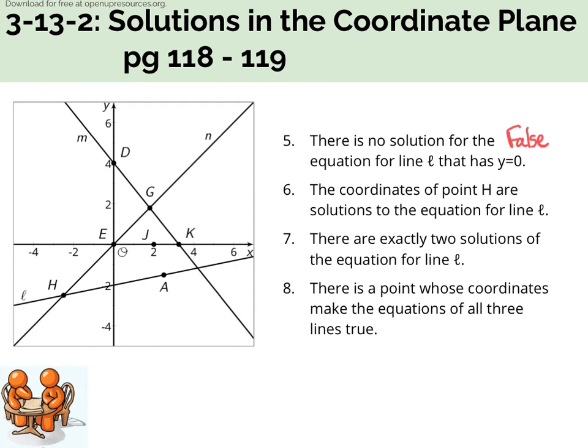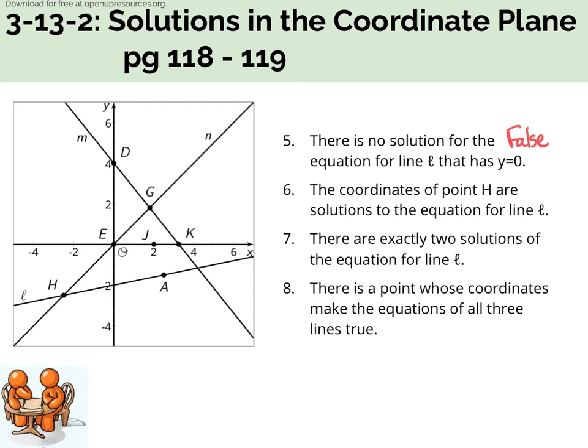But if we extend out the line, we can actually see that there will be a solution. So technically it's kind of a trick question for today. There is actually a solution. Eventually line L will come up here and cross the x-axis. So our y is 0 and then our x is a number. Eventually we'll actually get an answer for that.